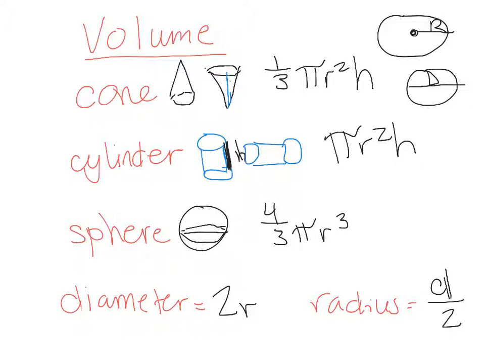I always do my r squared or my r cubed first and work from there. Now, if you're working with compound figures, for example a cone and a cylinder, I would break apart the figures first and then add them together at the end.